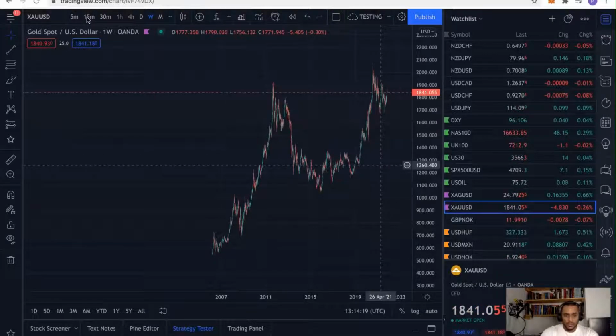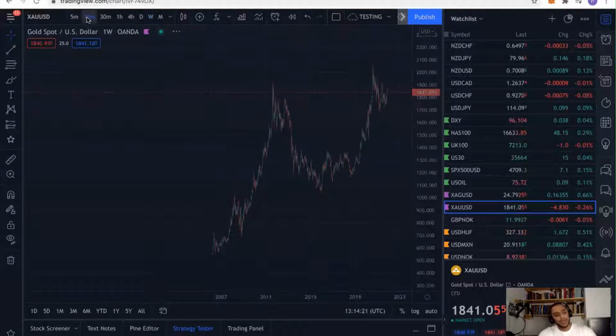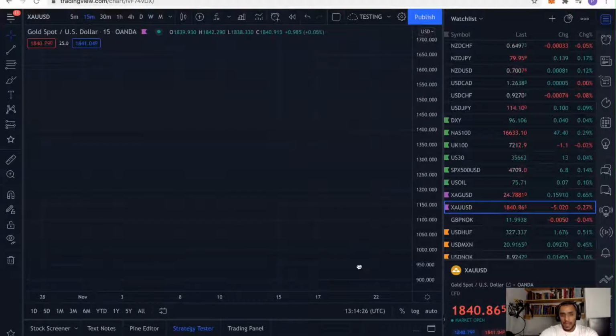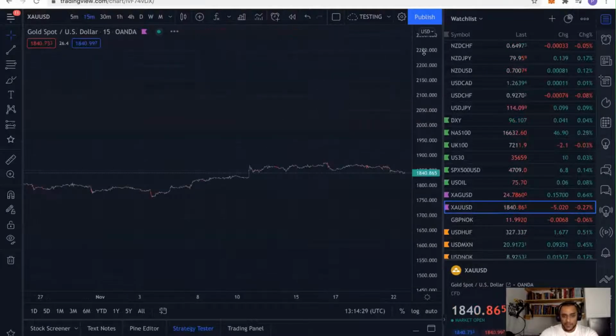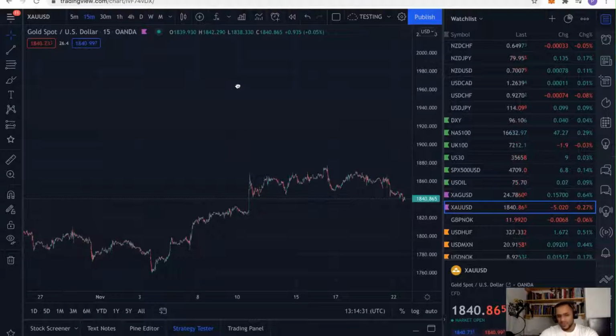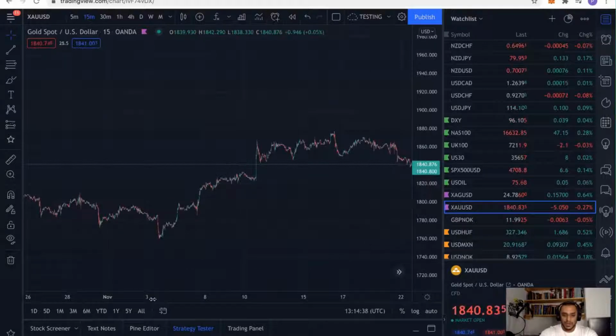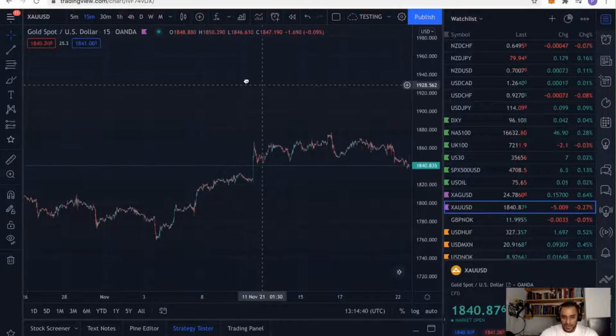So where is gold going? How far are we going to go into the market? Let's have a quick look. We drop this down and go into a smaller time frame, and here I am using the 15 minutes, which is usually an intraday or swing trader time frame. Obviously, if you're swing trading, then you've got to look more at the 4-hour and the daily range.